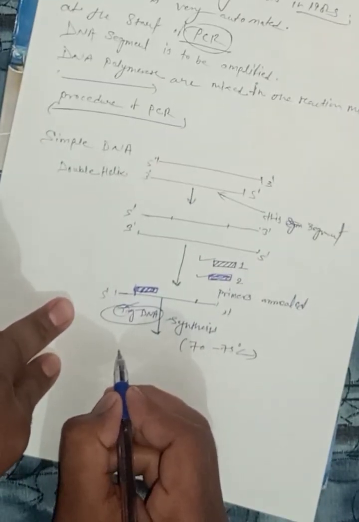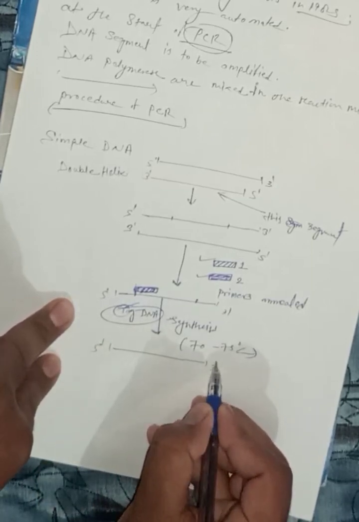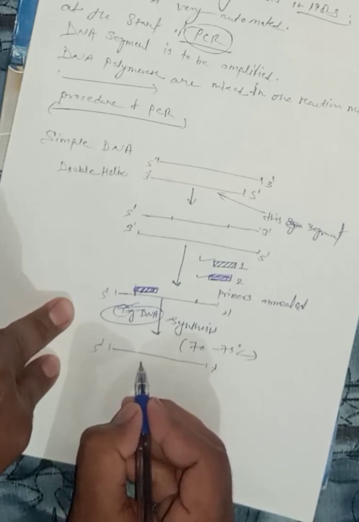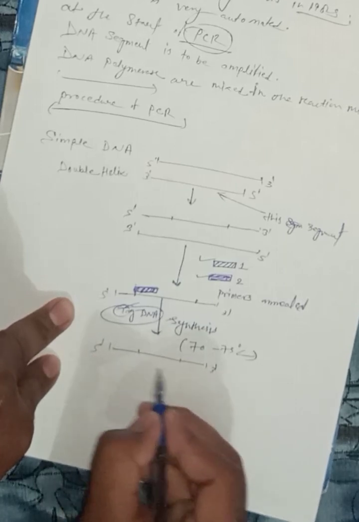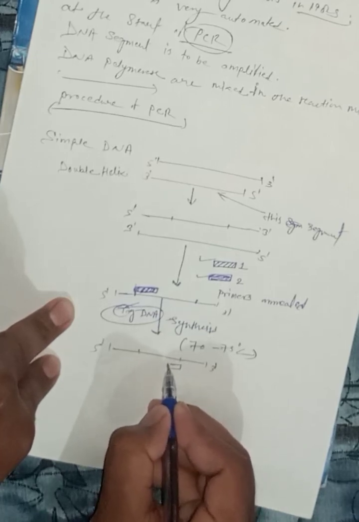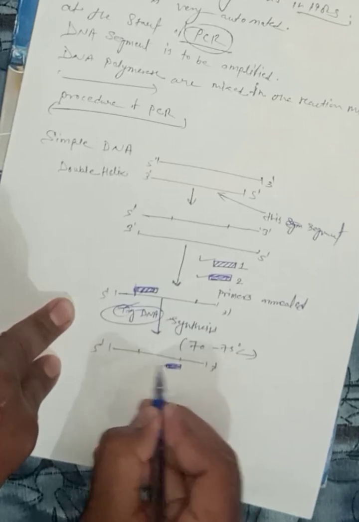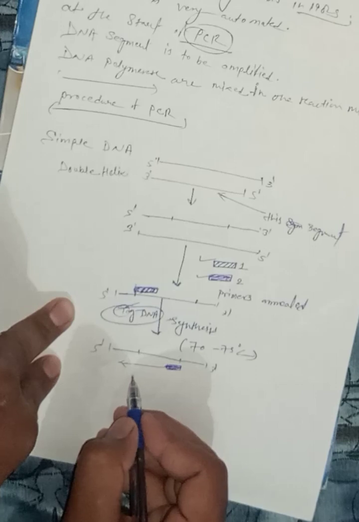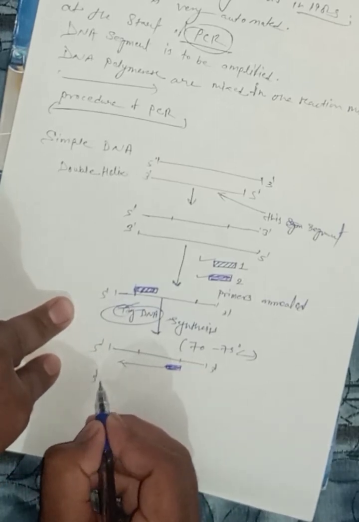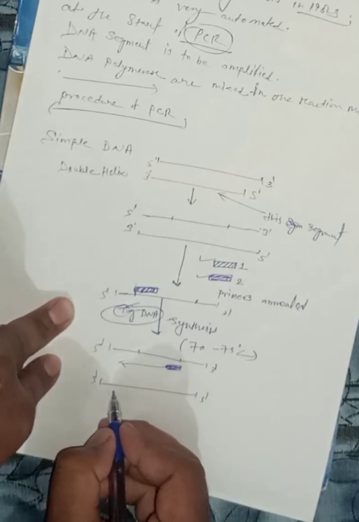Here this segment of DNA is 5 prime, 3 prime, and the second primer is to be added here, and the first primer is added here.